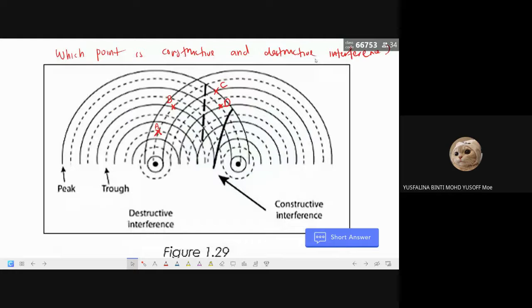Okay, so last week we already learned about constructive and destructive interference for water waves. I want you to label now. I give you four points, A, B, C, and D. Label which one is the constructive interference and which one is the destructive interference.